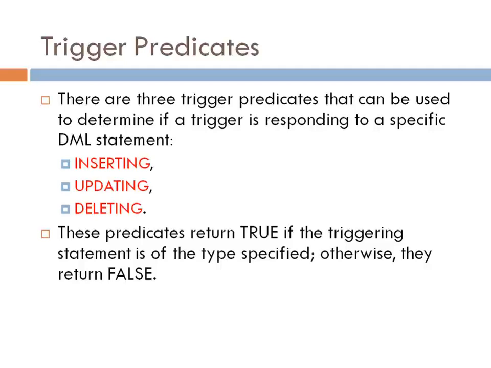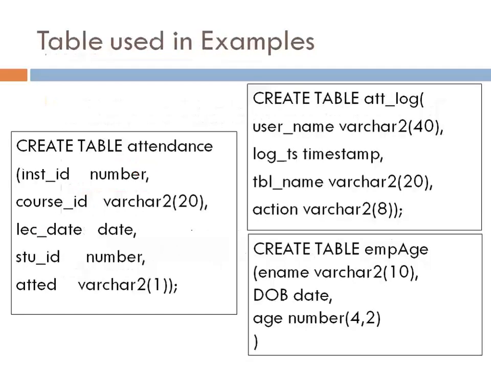If you have given the update statement on the table, then the updating predicate will store the true value. If you have given a delete statement on the table, then the deleting predicate will store the true value. These predicates return true if the triggering statement is of the type specified, otherwise they return false. So whatever activity you have specified on the table using the DML statement, according to that these trigger predicates will store the true value, otherwise they will store false values.